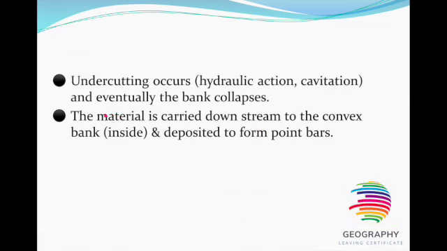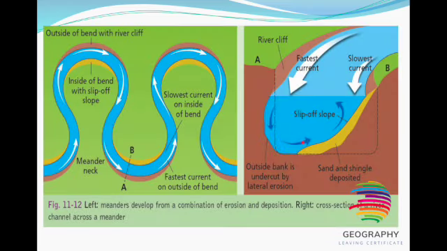And as it collapses, the material is carried downstream to the convex or the inside bank, and it deposits that material. And that deposited material creates a thing called point bars. So point bars are bits of land that you can actually stand on here. So the material that's been eroded away here is actually being deposited here or here.